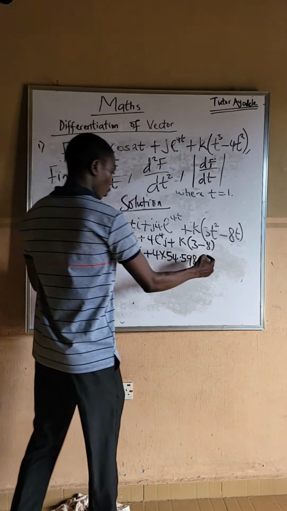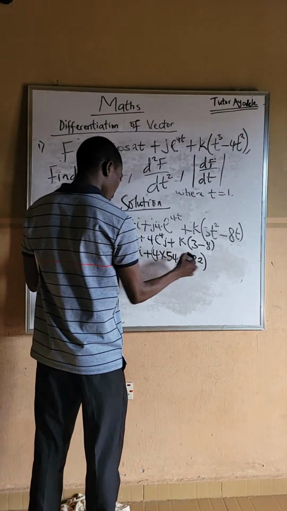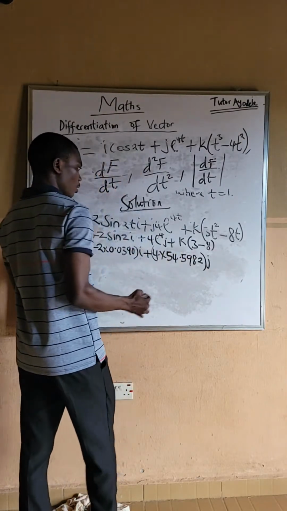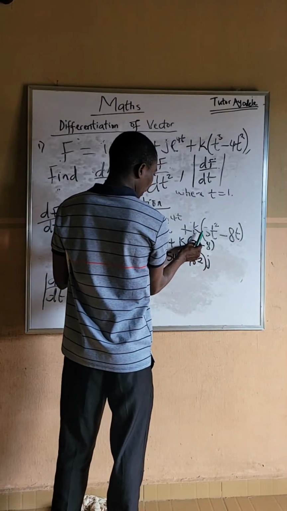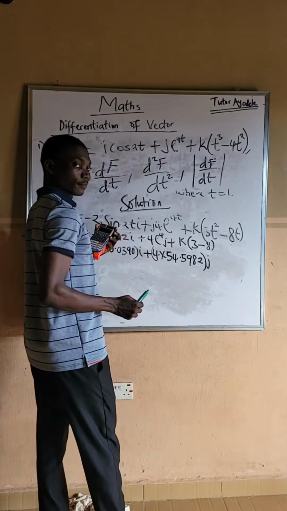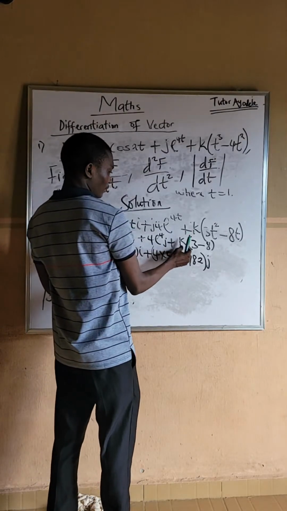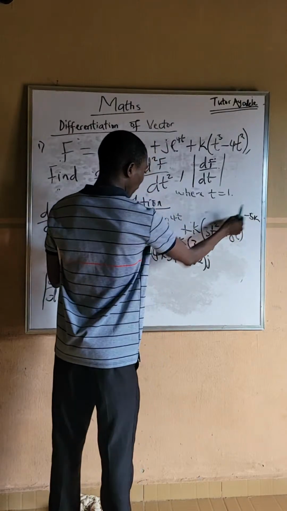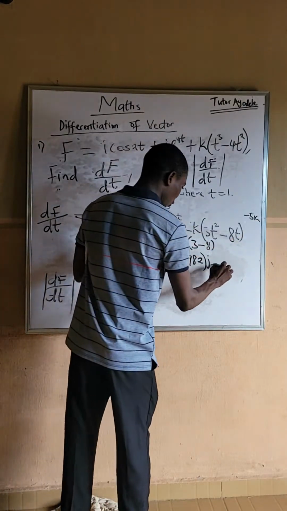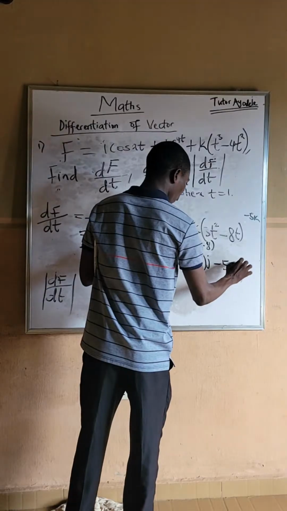So always put your J. Alright. Now, 3 minus 8 will give me minus 5. It's supposed to be minus 5k, but this minus will multiply this plus, and it will automatically change to minus. So that will be minus 5k.